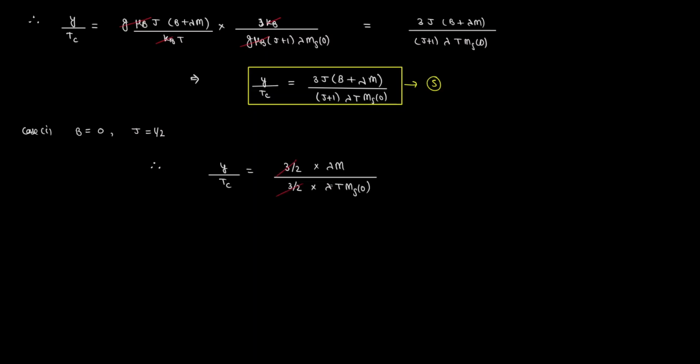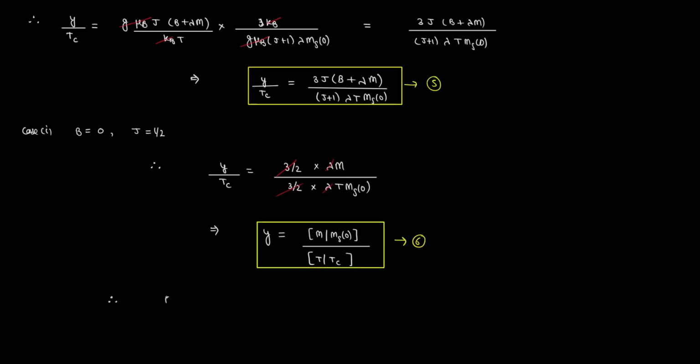The simplification will give you the value of y as the ratio of spontaneous magnetization to saturation magnetization divided by the ratio of temperature to the Curie temperature. So, the ratio of spontaneous magnetization to saturation magnetization is equal to the Brillouin function, which is the tanh function of y for quantum spins with J equal to half.